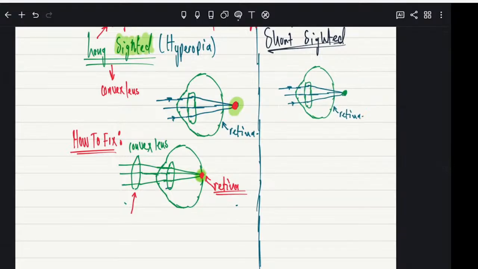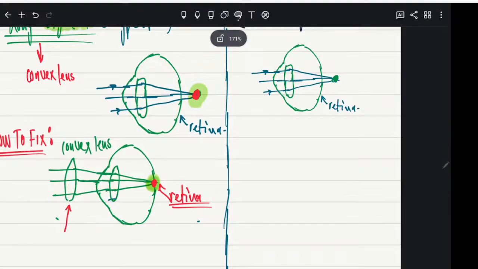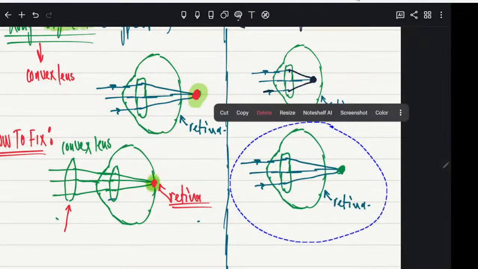Class, in terms of the diagram, here is what happens to a short-sighted person. The rays are made to meet inside here. Okay? This is a short-sighted person. Their rays meet inside. So how do you help that person? You are going to give them a diverging lens.